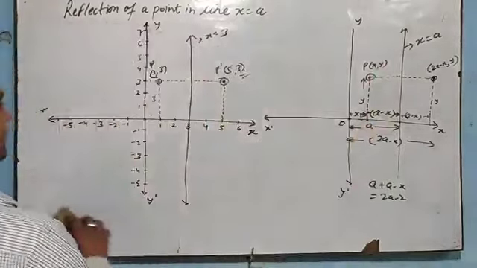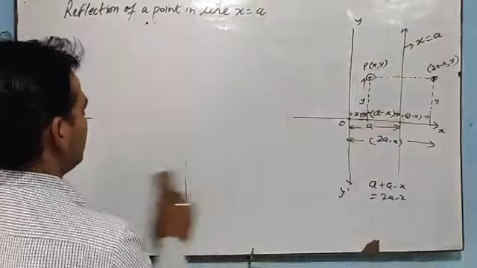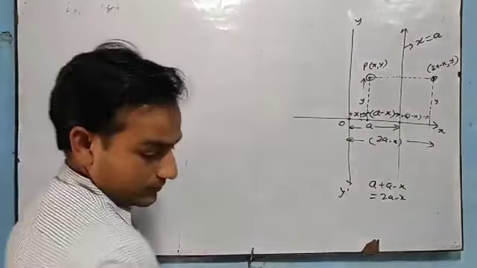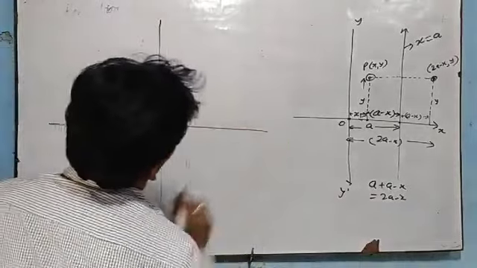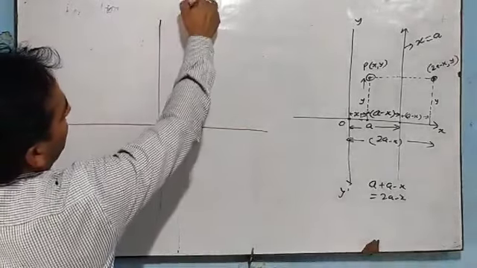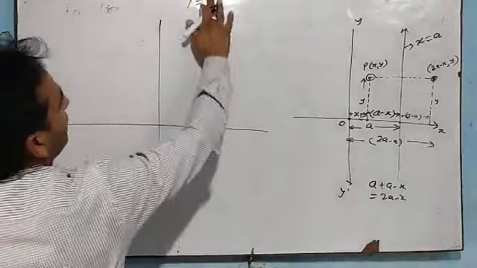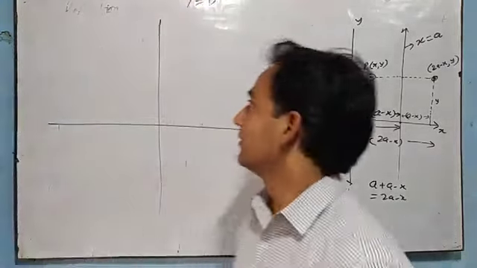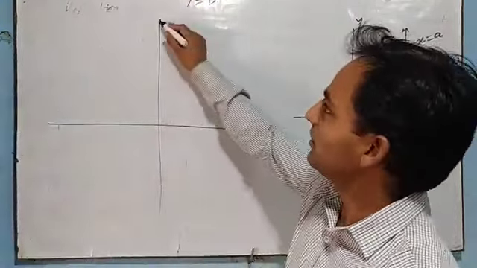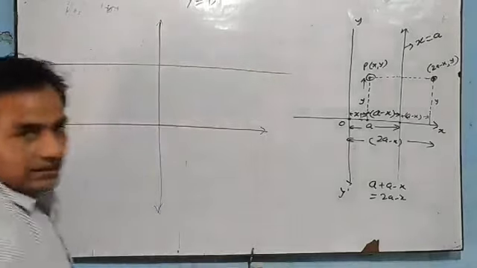Let us see. If we have a line y is equal to a, or we can say y is equal to b, let us take the example y is equal to b. In place of a I have written b. If y is equal to b is here, that means it will be a line like that.